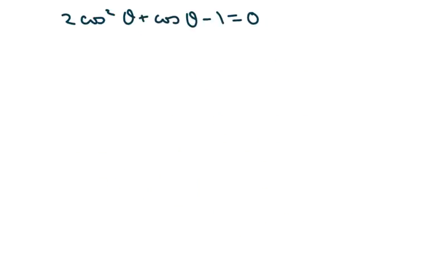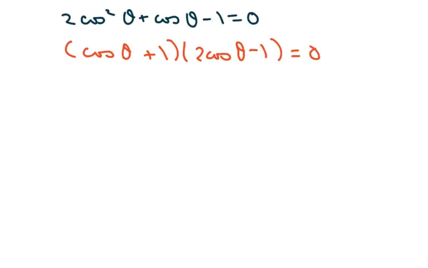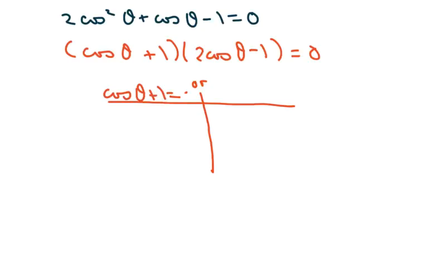All right, here's another one, same thing. So just factor that, and we get cosine of theta plus 1 times 2 cosine of theta minus 1 equals 0. And this is your or part. So we have cosine of theta plus 1 equals 0, or 2 cosine of theta minus 1 equals 0.